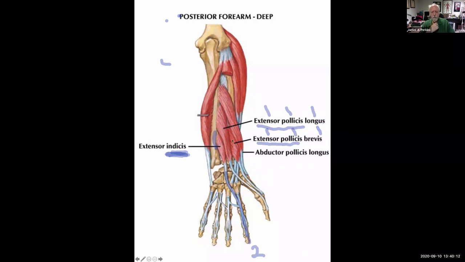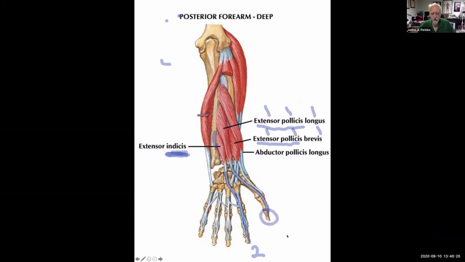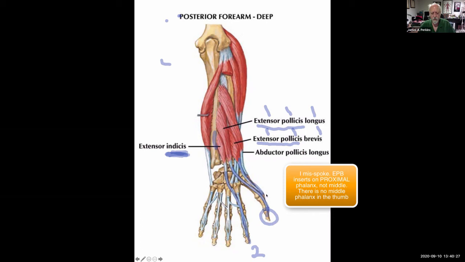These lie pretty much side by side. And the extensor pollicis longus gets its name from the fact that its tendon goes all the way out to the distal phalanx of the thumb, whereas the extensor pollicis brevis, its tendon only goes out to the middle phalanx of the thumb. So that's really the main reason for the difference in names. And because of that, these can extend different joints of the thumb.